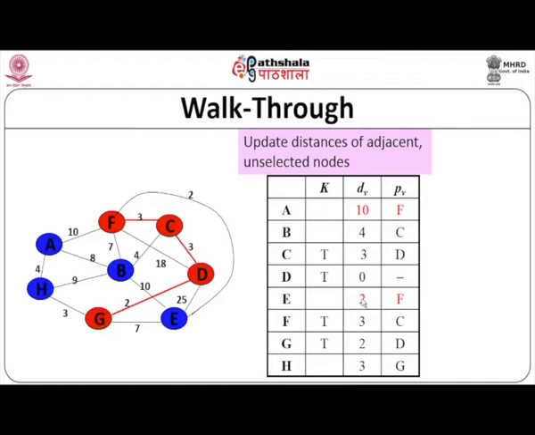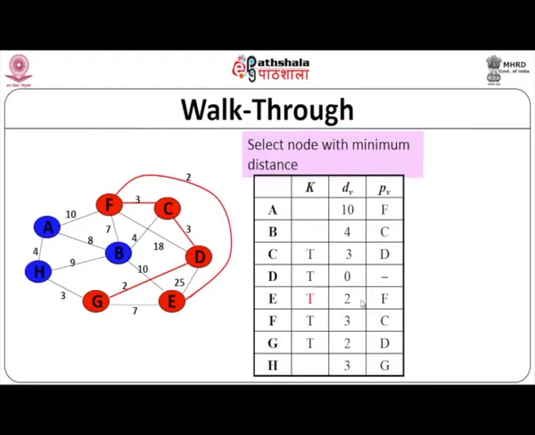Now, again you have updated. Now, what we have to do is select the minimum. So, you select the node with the minimum distance. So, the node with the minimum distance now is E, that is E with 2. So, you select that. So, that is what we have seen here. Now, what happens? E is a new node. Okay.